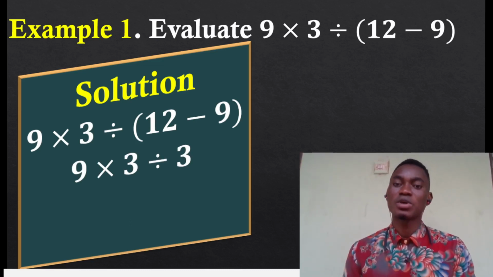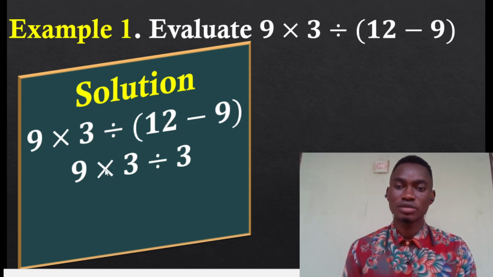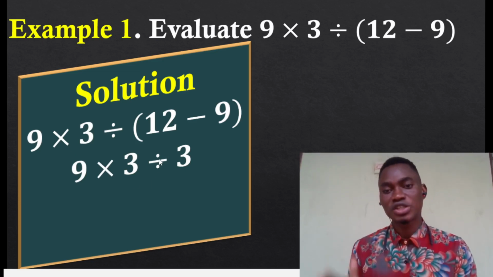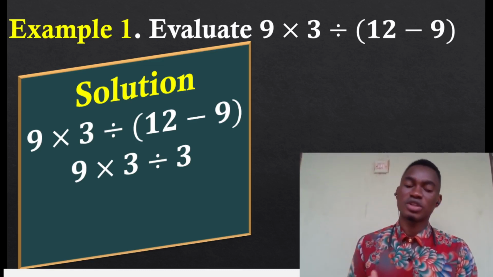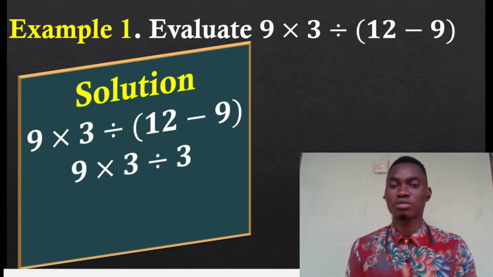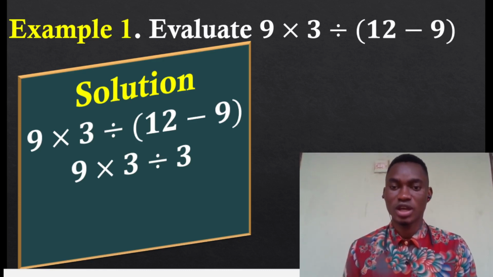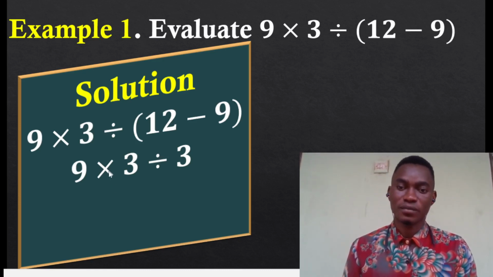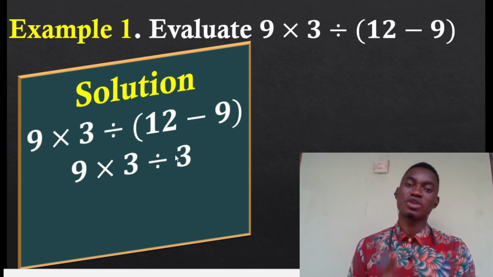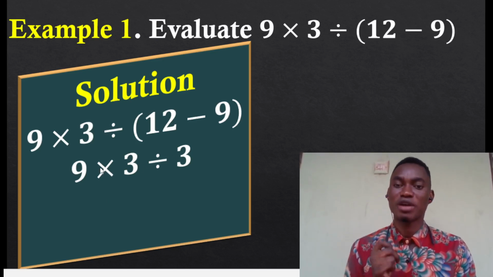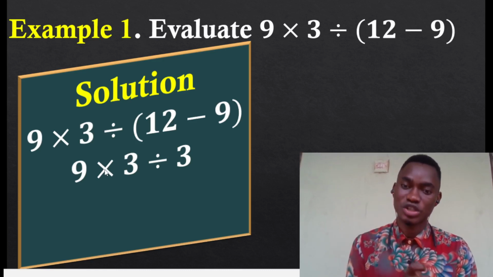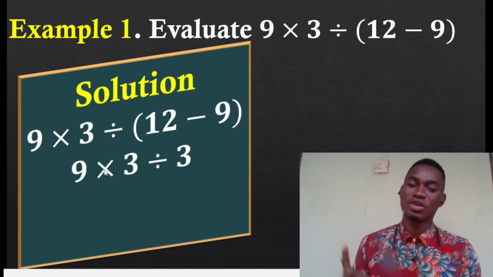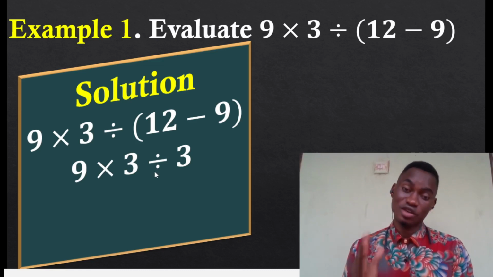Now we have multiplication and division operators. Which do we give priority? Which of the operators do we perform first? As you can see, multiplication comes before division. So we are going to perform the multiplication operation, then finally, we perform the division operation.